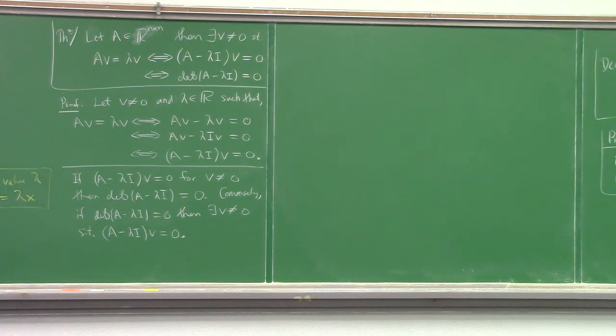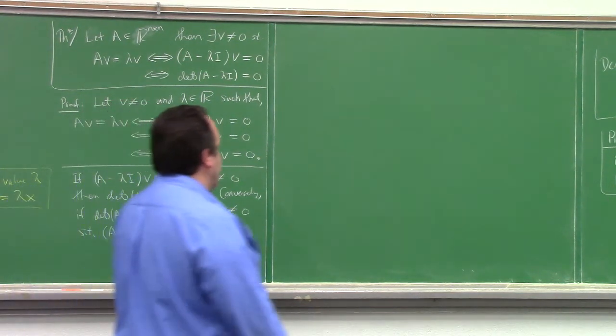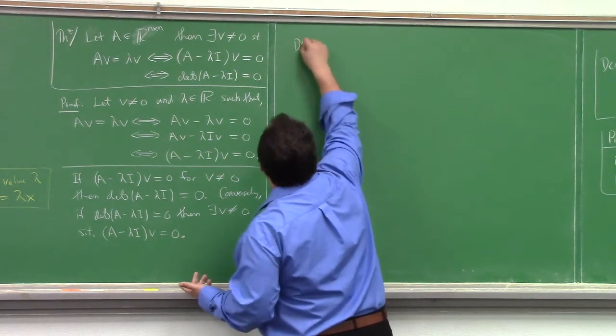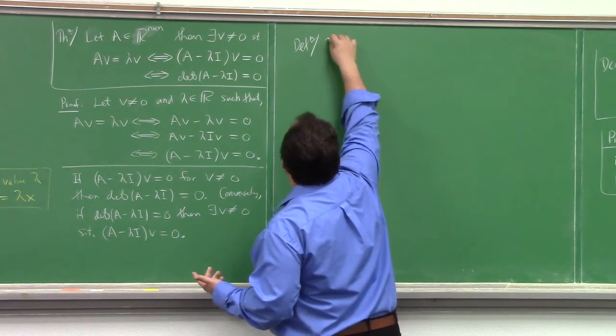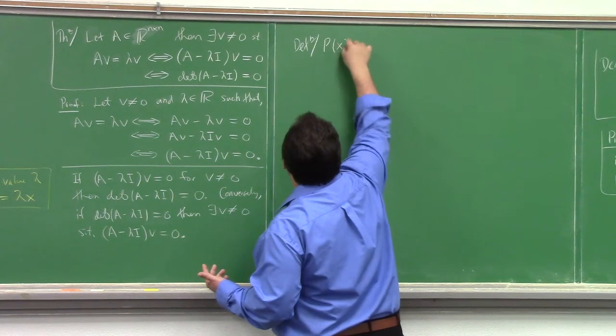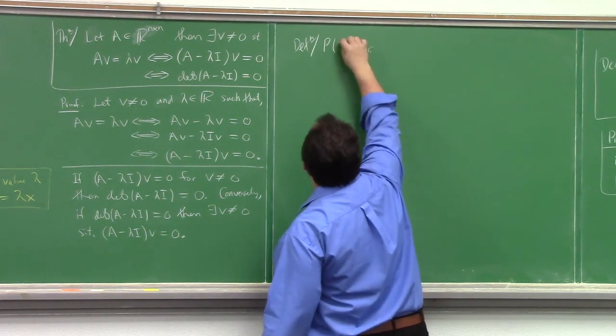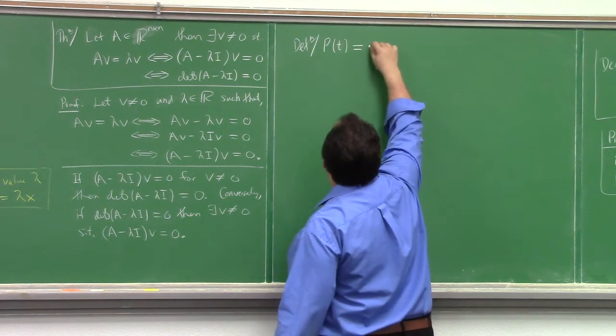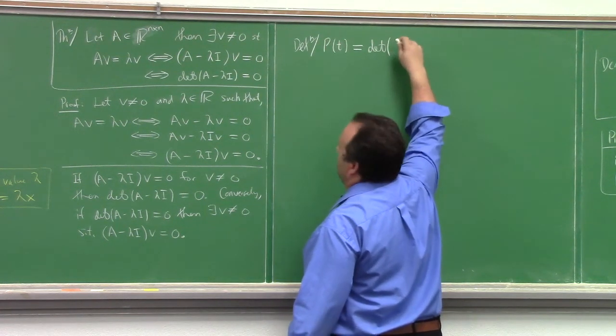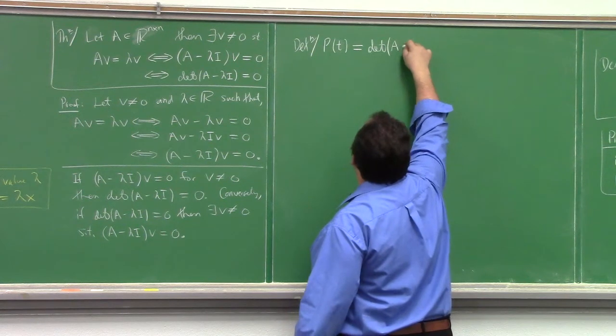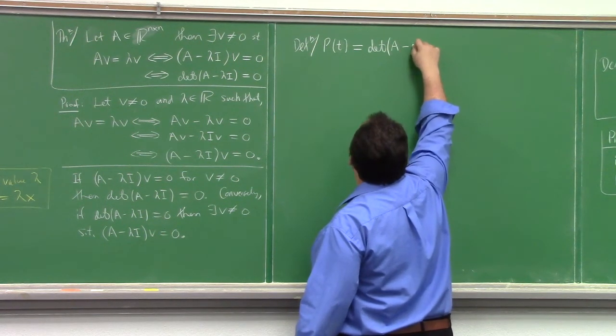So all of this leads us to define, since this determinant of A minus lambda I is very special, P of t equal to the determinant of A minus t I. Different folks use different conventions here.